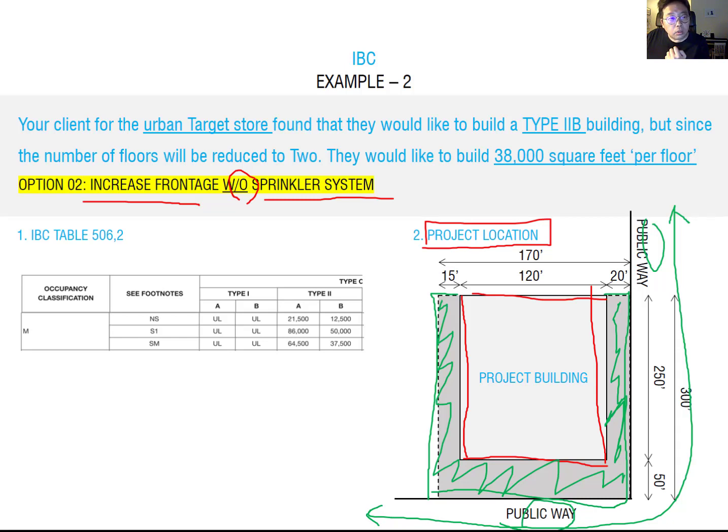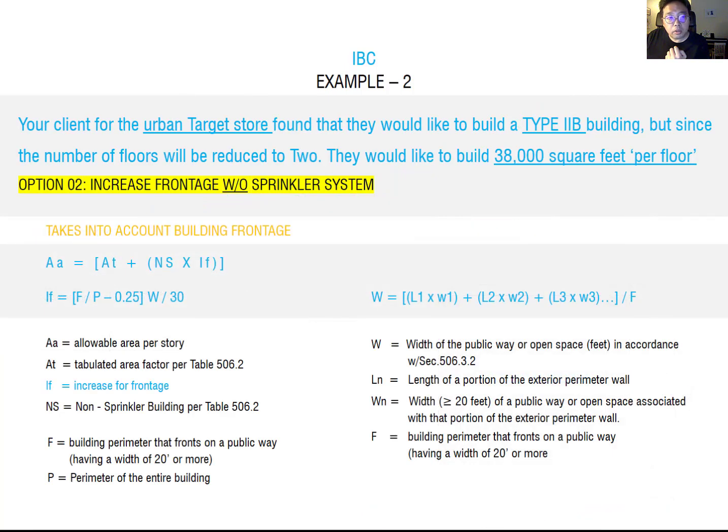We use the same table, because we still want to make the occupancy M, which is mercantile, and the construction Type 2B. But now we start from the non-sprinkler system, starting from NS here. We can follow the formula and calculate the number.